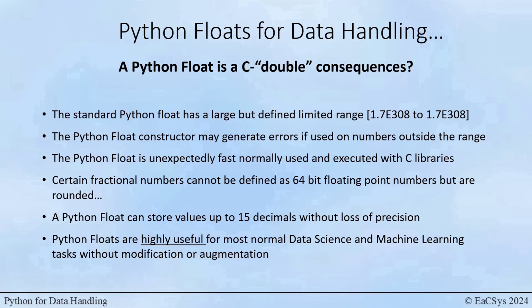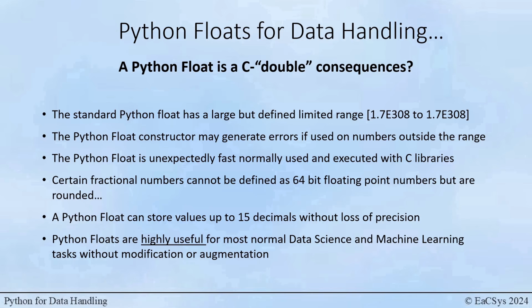And this also means that the Python float's range is huge, but limited between two incredibly large numbers. And if a number is outside of this range, the float constructor may throw or generate errors if used on numbers larger than the numbers within this range.